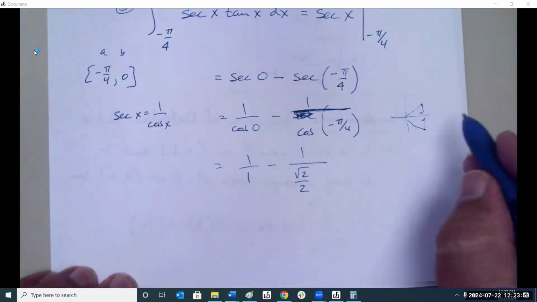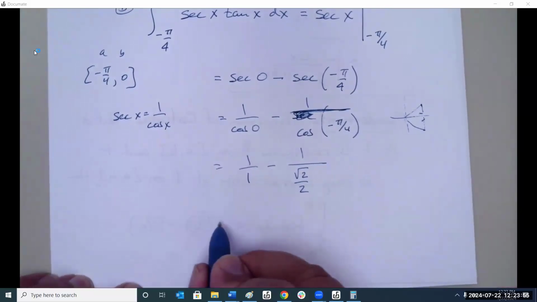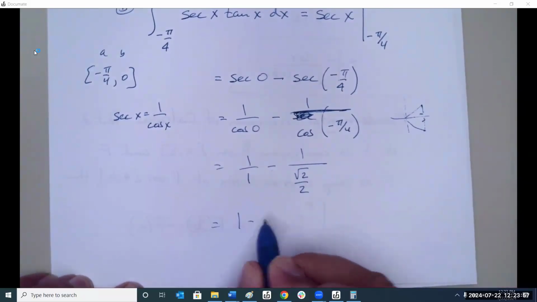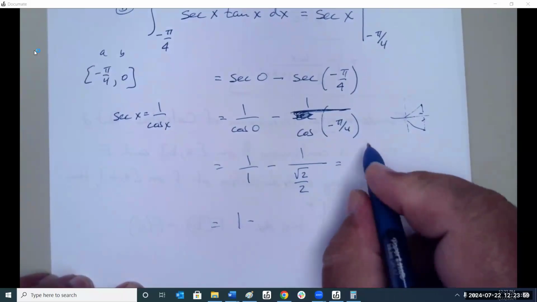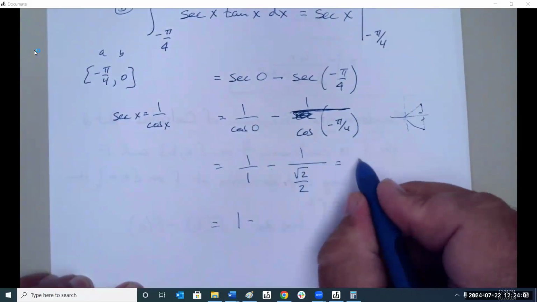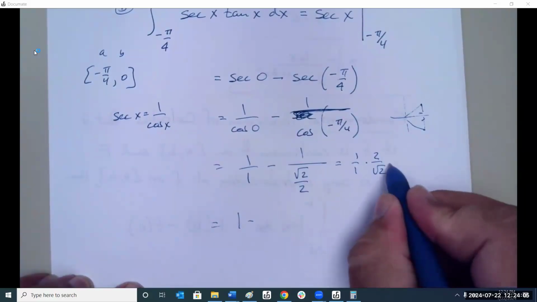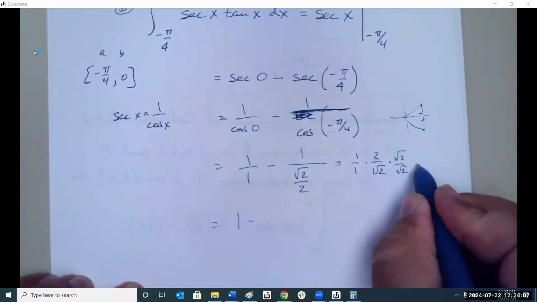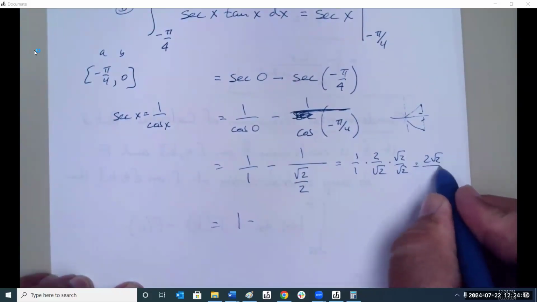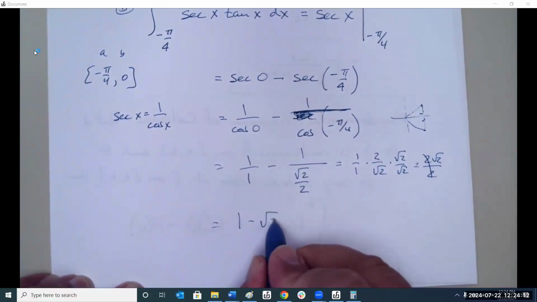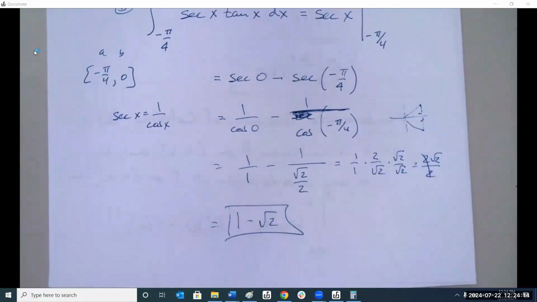So it's always going to be positive here. So we have 1 minus this one. Take the top one, leave it alone, flip the bottom, rationalize it. So 2 radical 2 over 2 equals radical 2. So there's your answer.